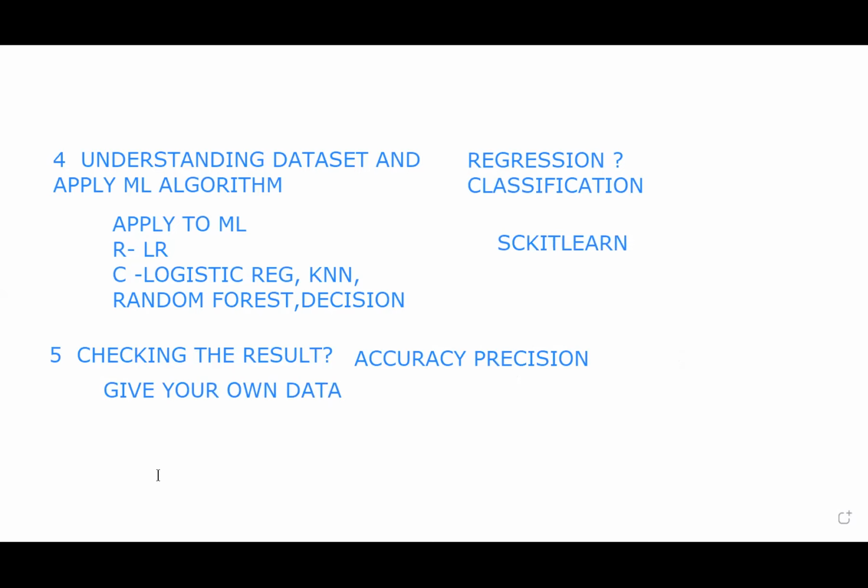Then step number 4 is understanding whether it is a classification or regression problem, then applying the machine learning algorithm. After you applied it, you need to give your own data and check for your own result. Okay, so that is how the 5-step process is. After doing this, this is the whole project that you will be doing.